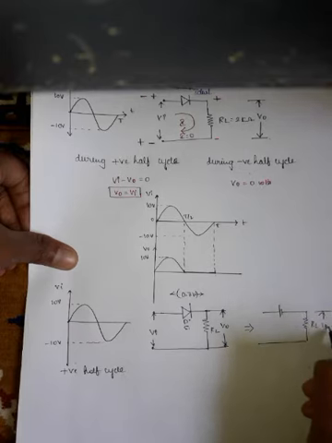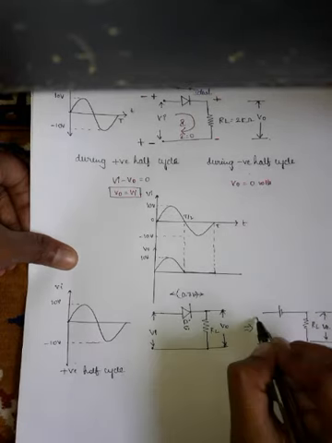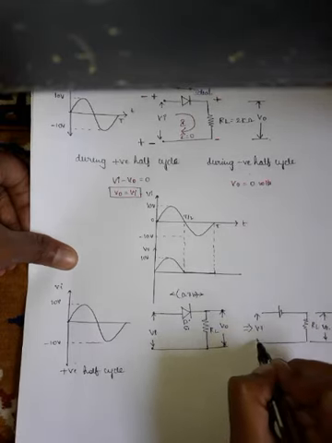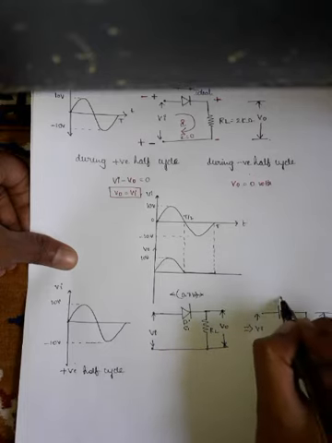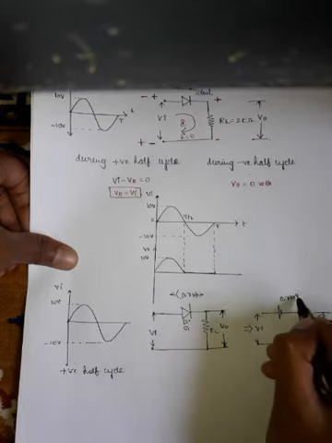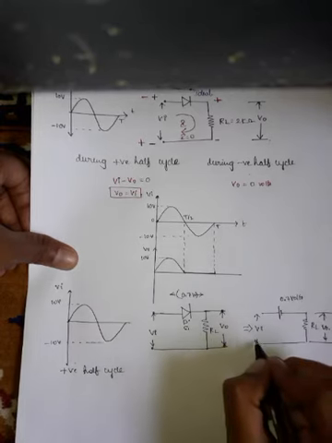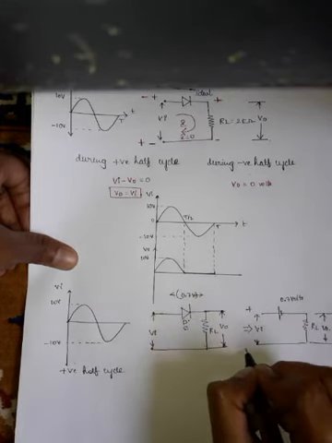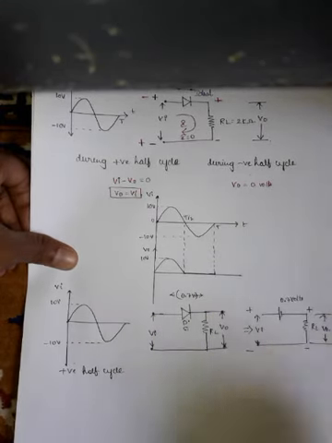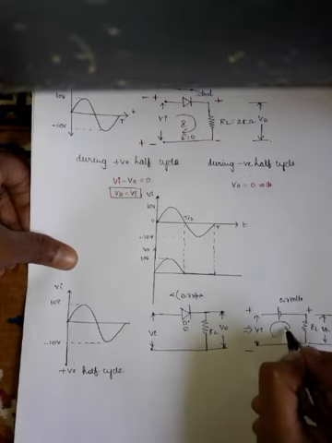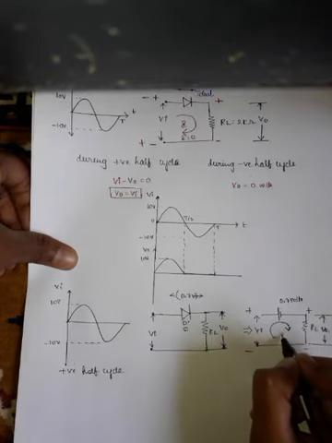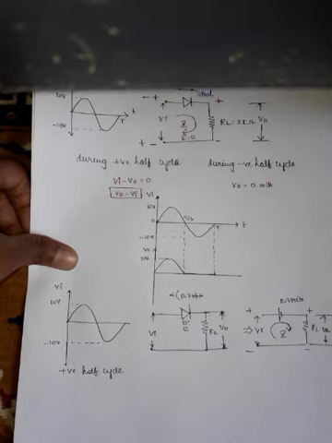This is V0, the output voltage, this one is Vi, and this is 0.7 volts. So during the positive half cycle, the diode is in the on condition, and the current will flow in this circuit.